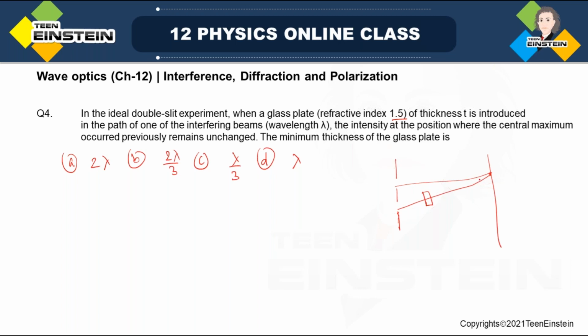In one path, this glass plate of thickness T having refractive index mu equal to 1.5 is introduced in the path of one of the interfering beams of wavelength lambda. The intensity at the position where the central maxima occurred previously remains unchanged.